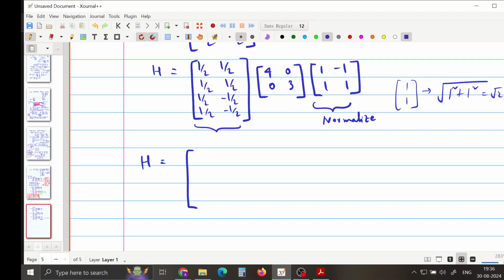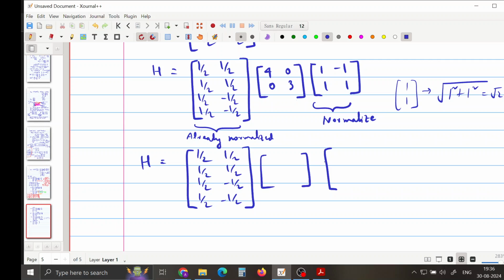So this is already normalized, no need of doing anything. If we normalize this third vector, we have to divide by square root 2. So this is 1 by square root 2, minus 1 by square root 2, again 1 by square root 2, and 1 by square root 2.